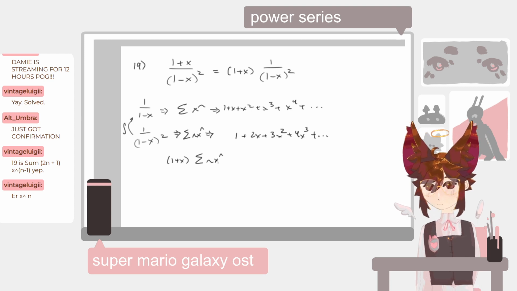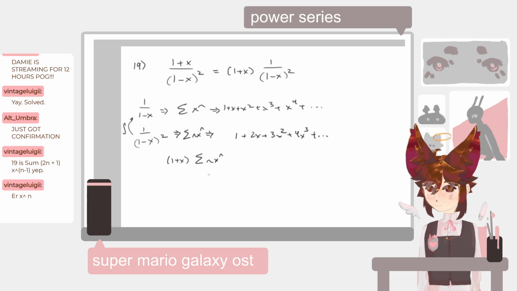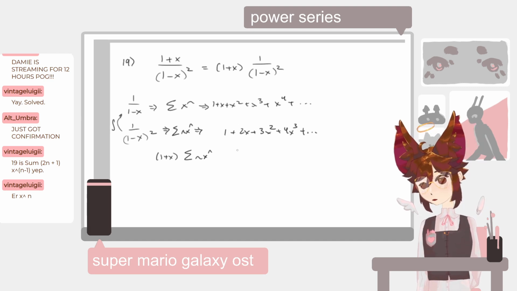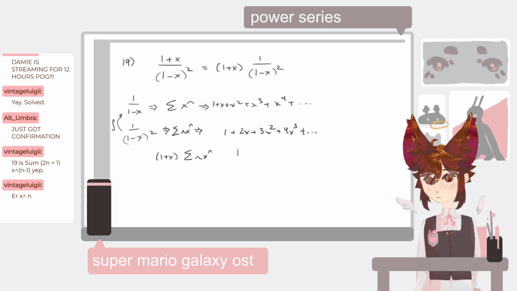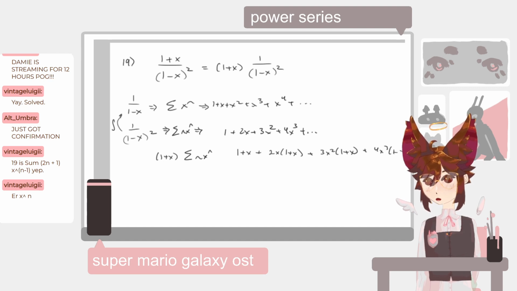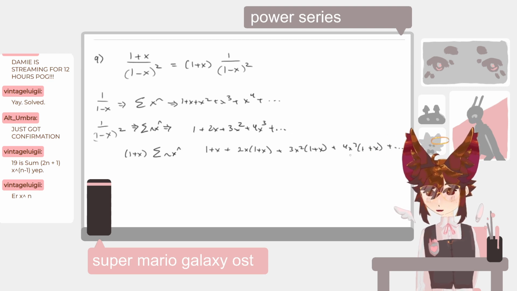But why is it 2n plus 1? Is it because when we put this in here, it goes into 2n plus 1 somehow? Oh wait, I can just multiply everything by 2n plus 1. So it's 1 plus x, plus 2x times 1 plus x, plus 3x squared times 1 plus x, and then I can see what that looks like. I'm remembering things.